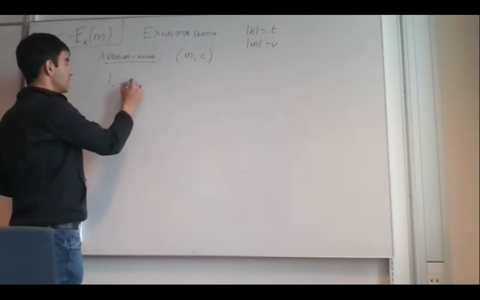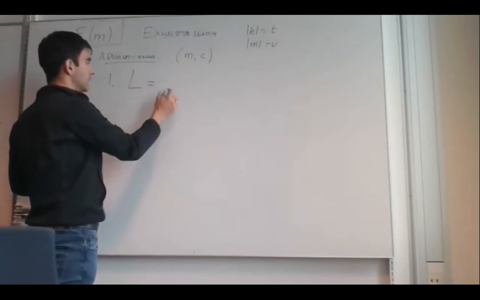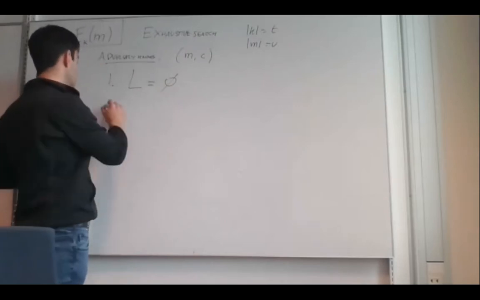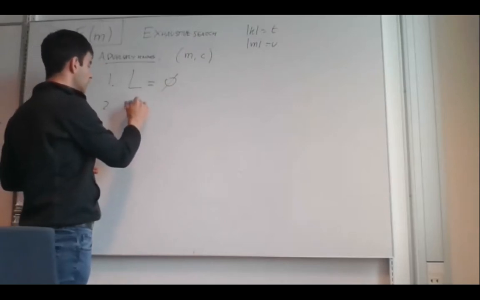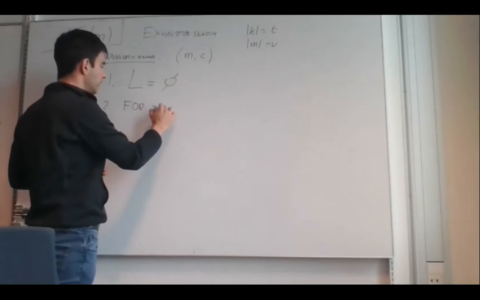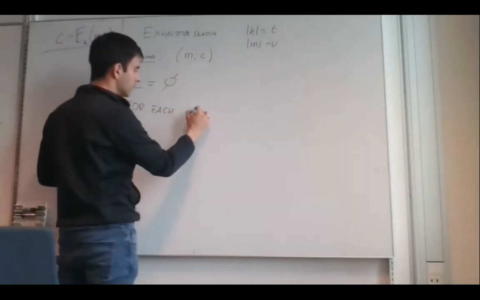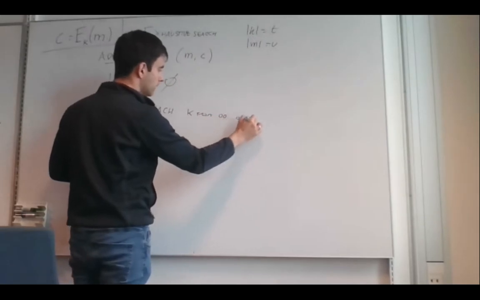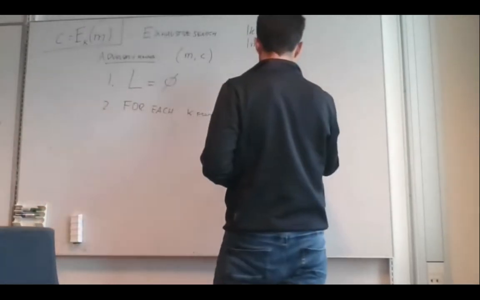The first step of exhaustive search is simply to initialize a list N to be the empty set. So far, so good. Then we're gonna do a for loop, for each possible key from the all-0 string to the all-1 string.